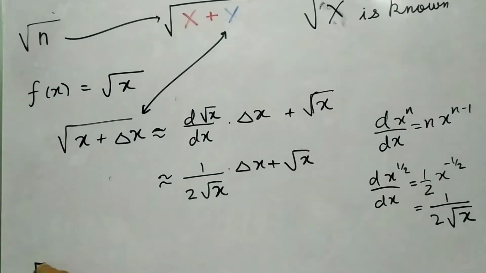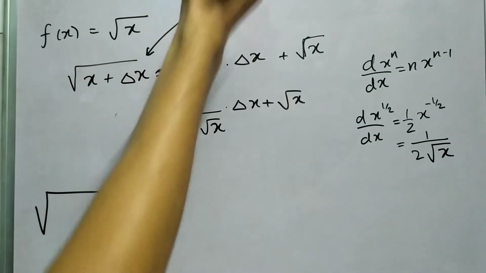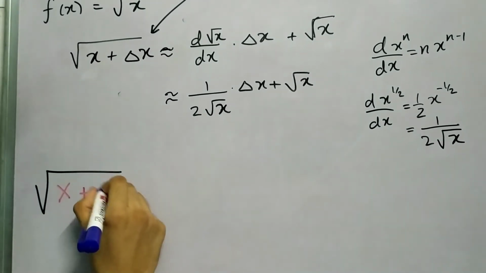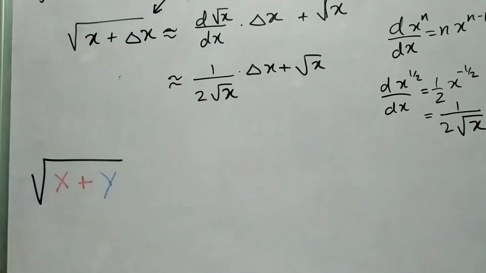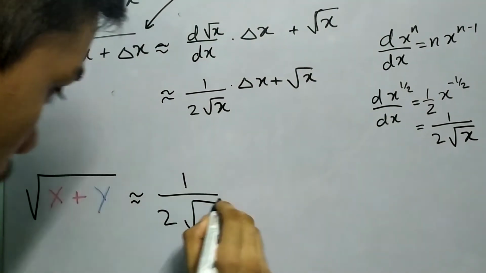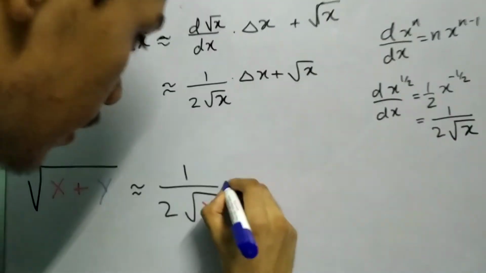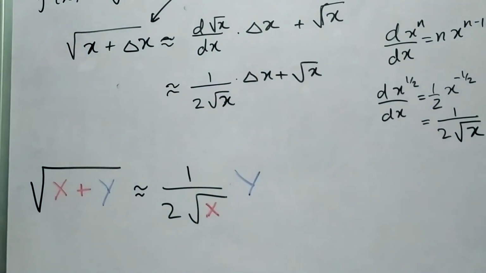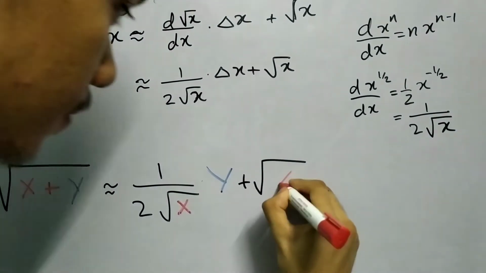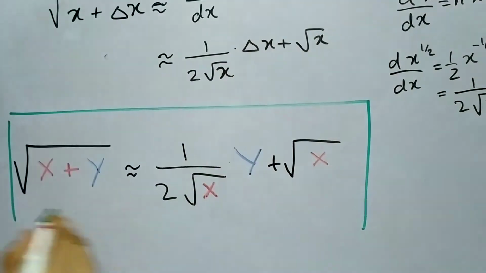So just replace delta x with y and x with capital X. We get the square root of X plus Y is approximately 1 upon 2 root X times Y, plus root X. This is your formula. This is your approximation.